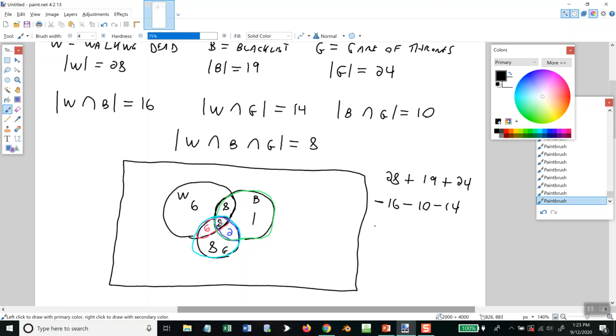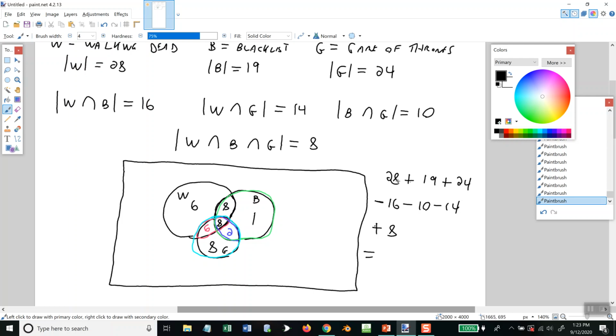But then I subtracted 8 off of here from that total, and the 8 off of here. Okay, so I'd add that back on, so I'd add 8 onto there. The reason why I add that back on is that's the intersection of all of them. Okay, I drew a blank there for a minute. Sorry.